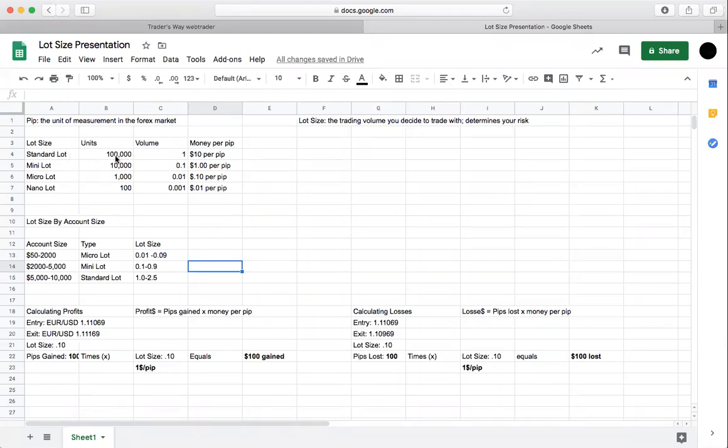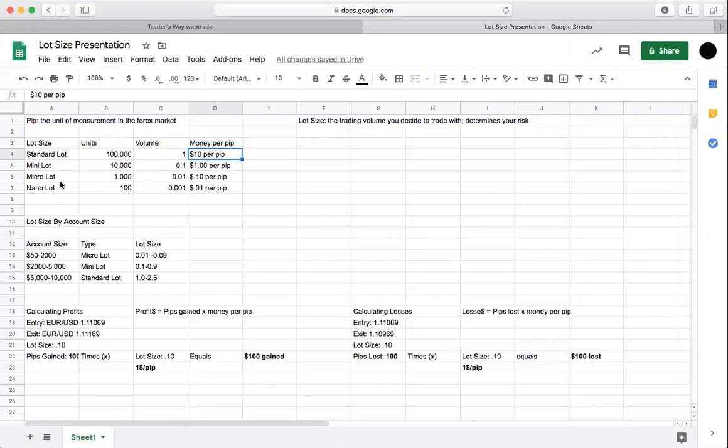The standard lot has 100,000 units, and the lot size would be 1.0, which means that you'd be making $10 per pip if your lot size was 1.0. Now, a mini lot has 10,000 units, and if your lot size was 0.1, that'd be $1 per pip.